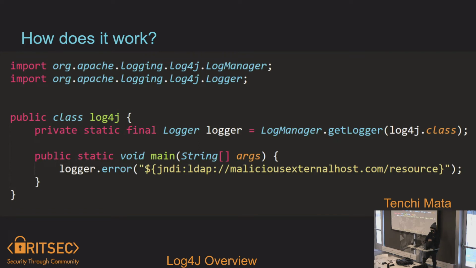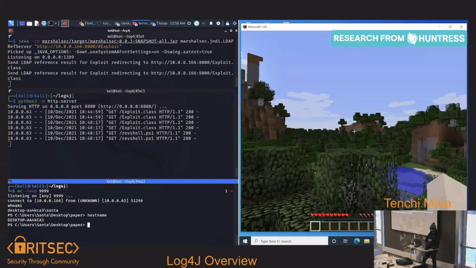Okay, it's a little hard to explain, so I got a screenshot from the one and only John Hammond and his Huntress article. Right here, what we've got is Minecraft.